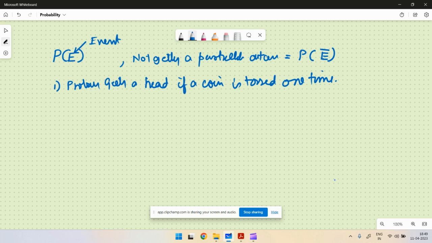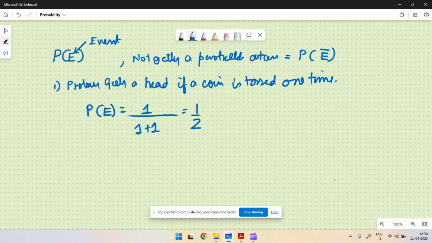Even if the question does not say that it is unbiased, you have to assume that it is an unbiased coin. So how many heads are there in a coin? Only one head. So the probability of getting head will be 1. Now, how many total events are there? It is one head and one tail, 1 plus 1, so 1 by 2.